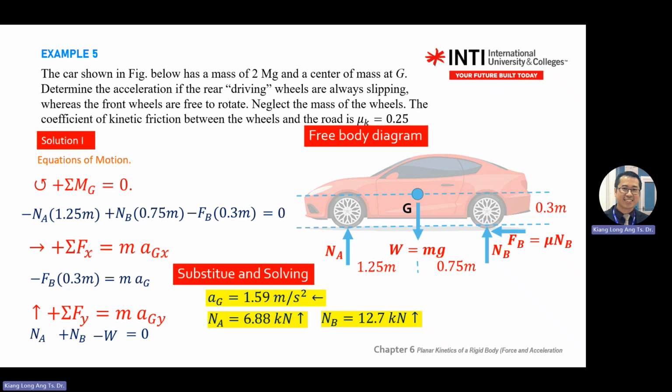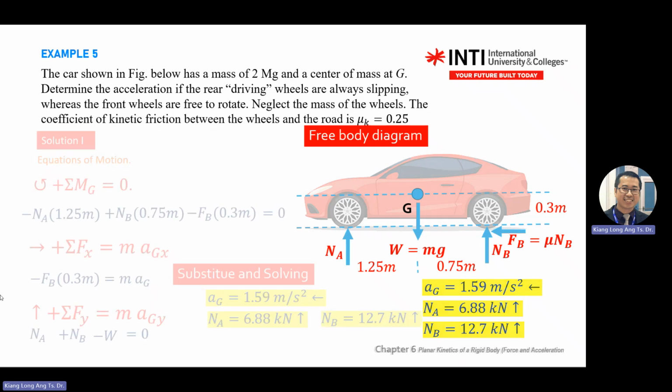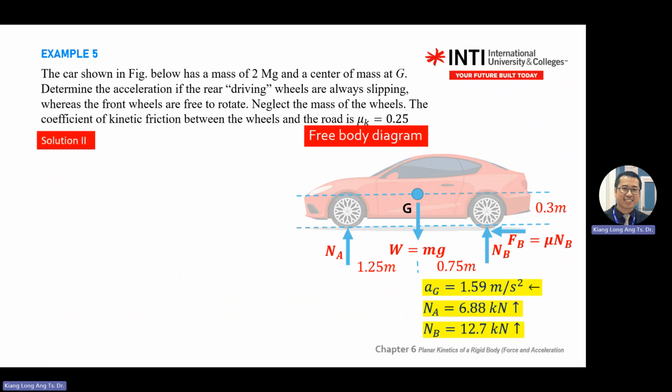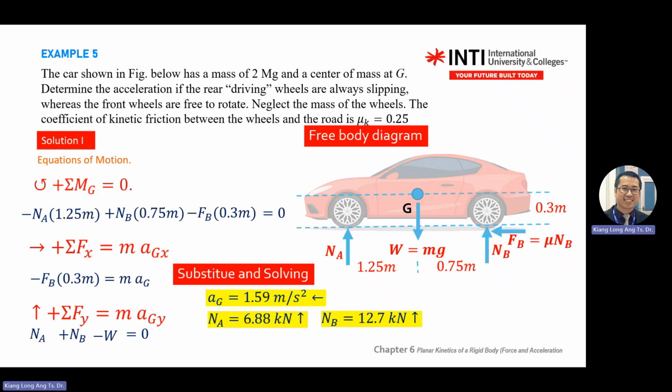In this case, you'll find your NA and NB. Okay, so this is the first solution, by using equation of motion, F equal to ma and mg equal 0.